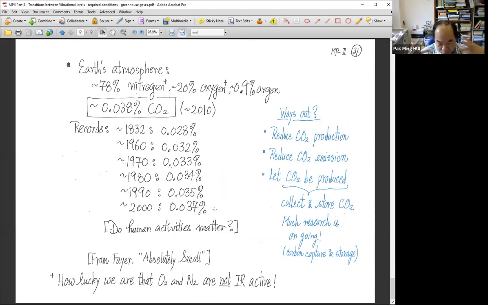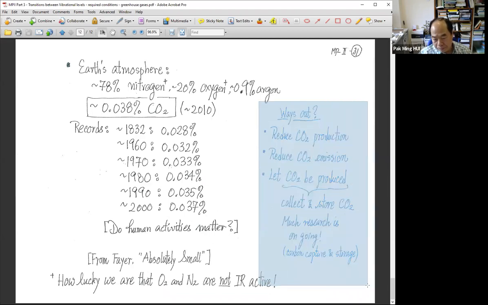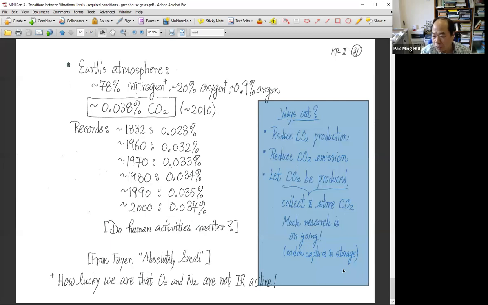Then your generation will study that or even try to reduce carbon dioxide emission into air. There are many ways out, and there are some very hot research topic along this line.